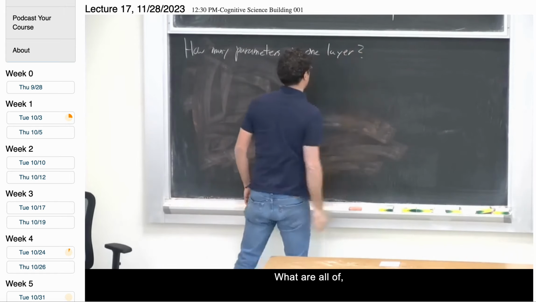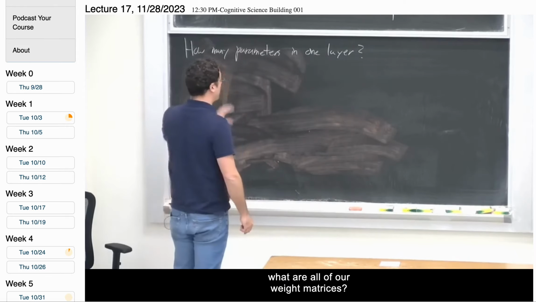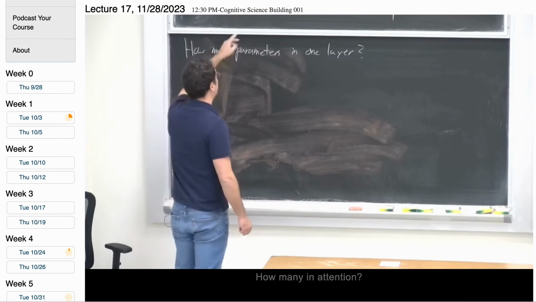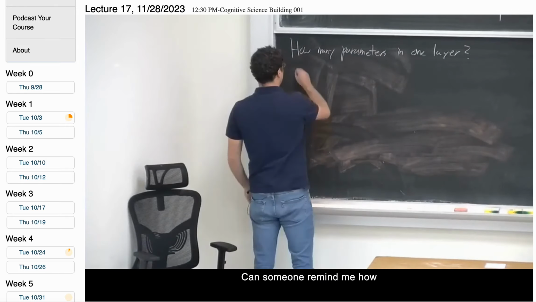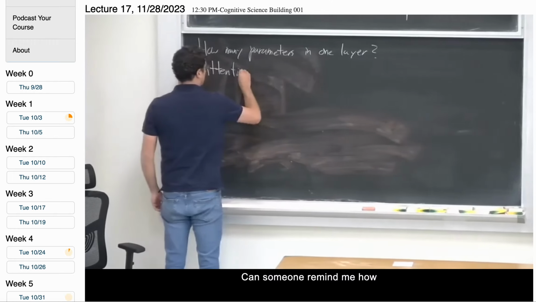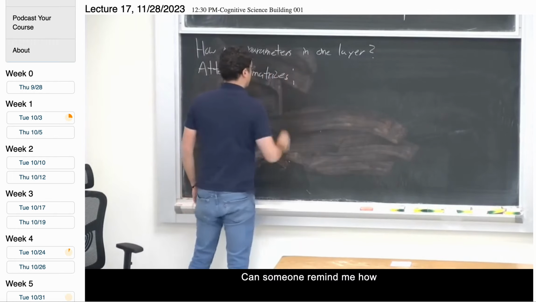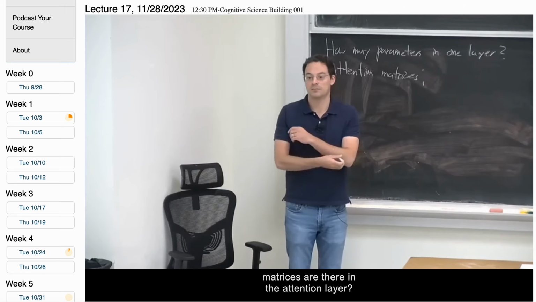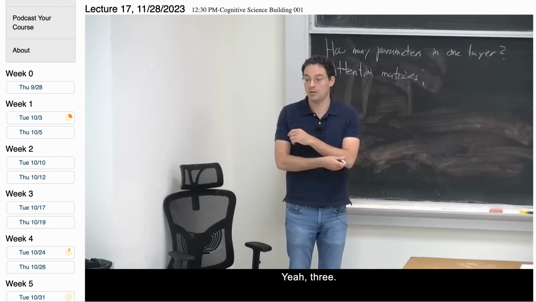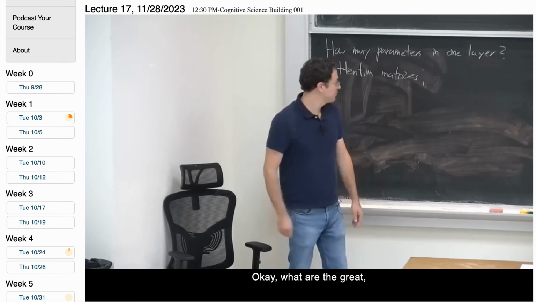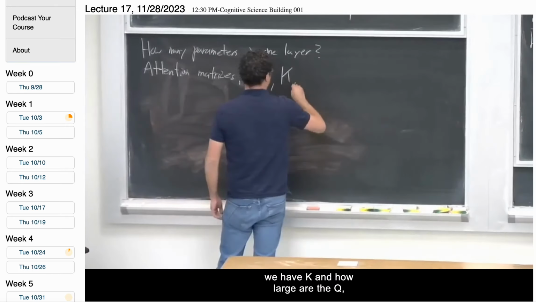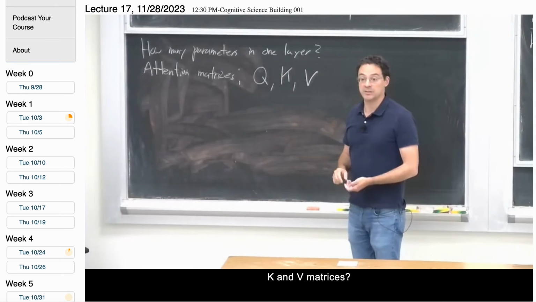What are all of our weight matrices? How many do we have in attention? Can someone remind me? How many matrices are there in the attention layer? Yeah, 3. Okay, what are they? Great, we have Q, K, and V. So how large are the Q, K, and V matrices?